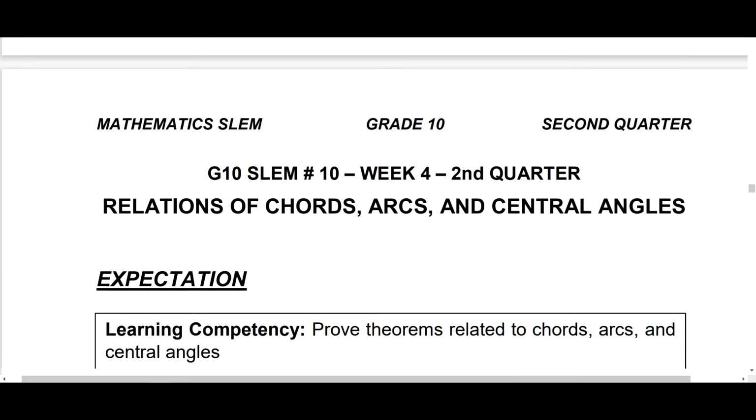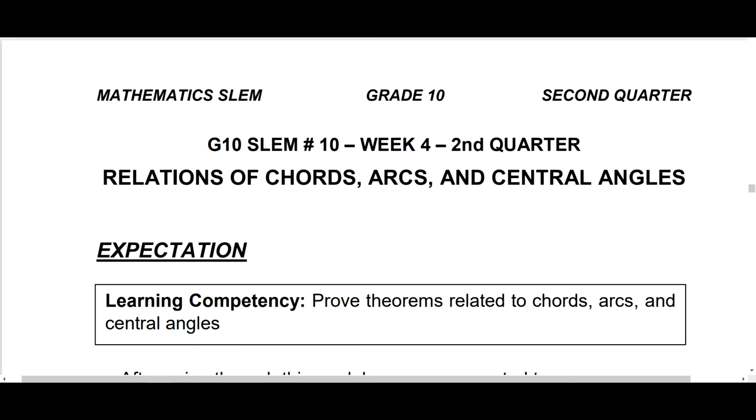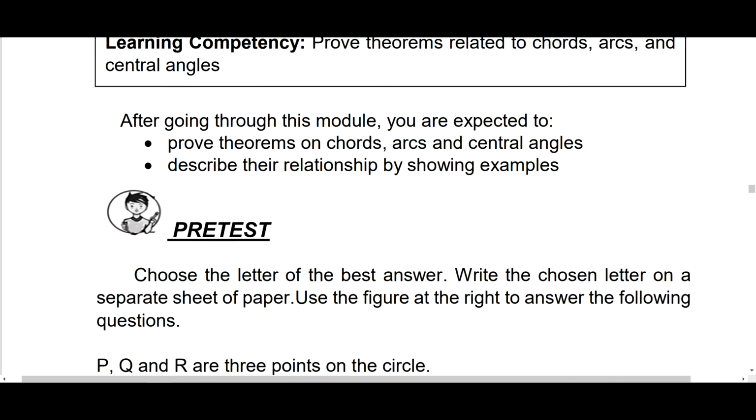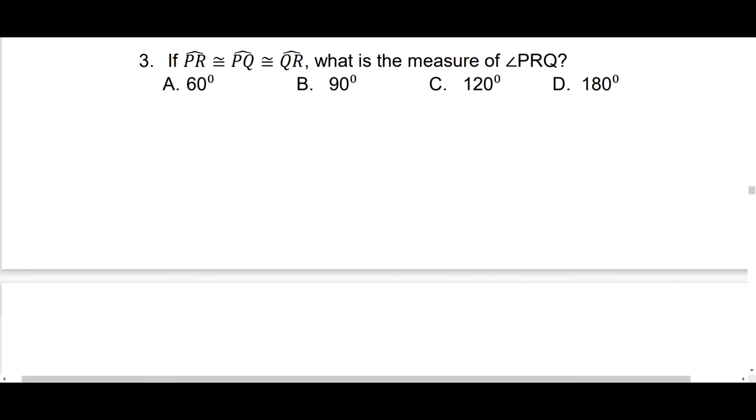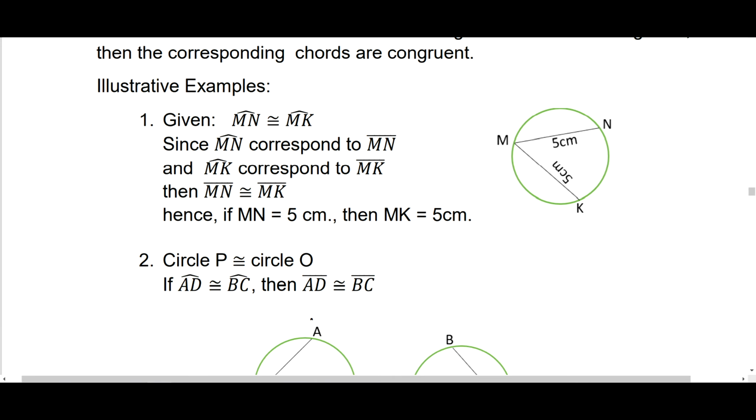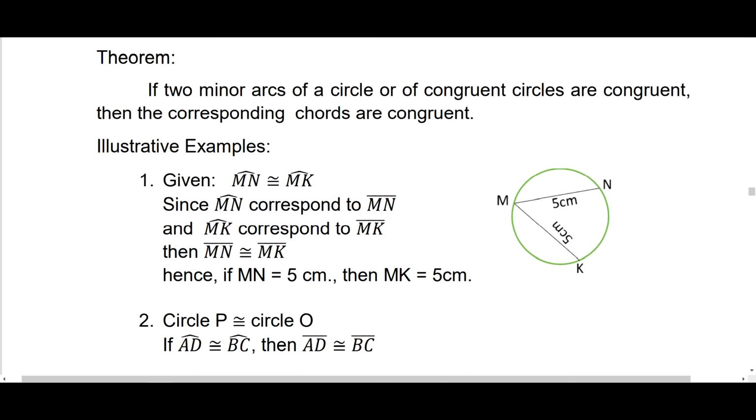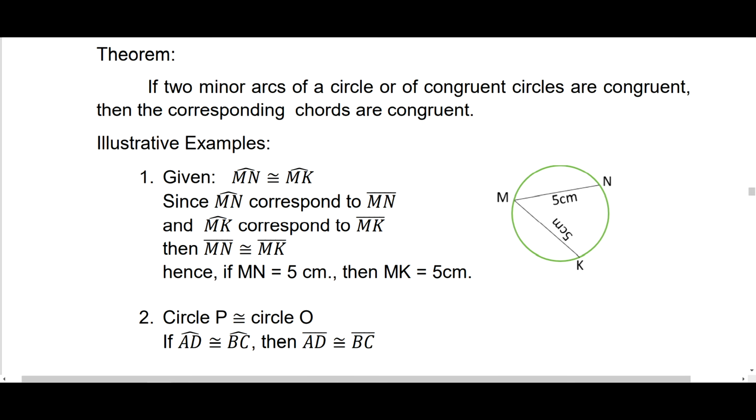And let's have SLEM number 10 for week 4 in second quarter. If two minor arcs of a circle or of congruent circles are congruent, then the corresponding chords are congruent.